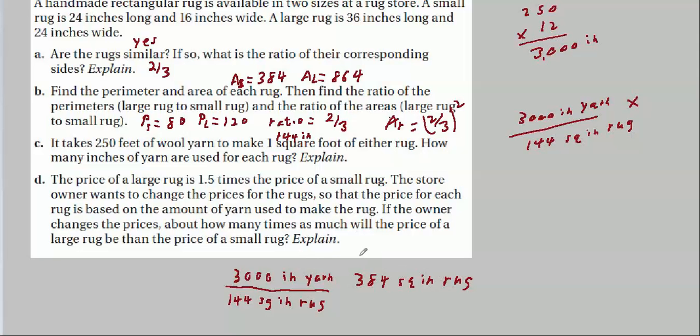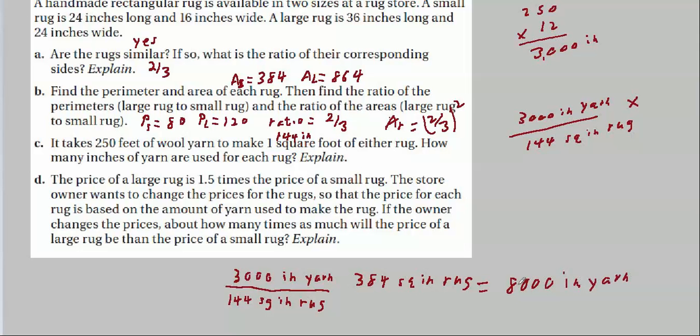So now all I have to do is figure out what this great big number is. 384 times 3,000 divided by 144. And I'm going to ask my calculator. And my calculator says that 3,000 times 384 divided by 144 is 8,000, and that's inches of yarn.